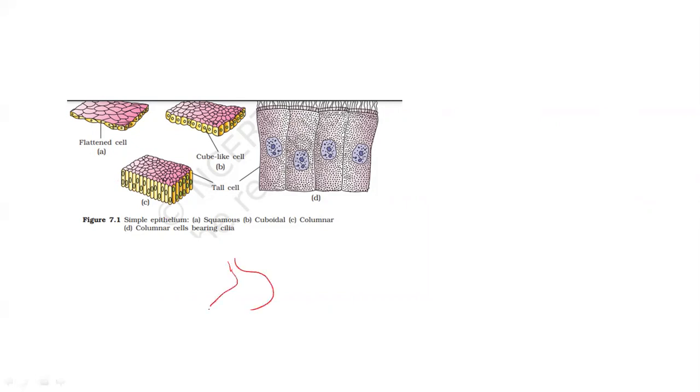We all know that the stomach looks something like this. So we have epithelium over here, okay? So let us look at this side of the epithelium and the other side of the epithelium. This side of the epithelium is lying inside, right? It is inside the organ, whereas this side of the epithelium is exposed to the environment.